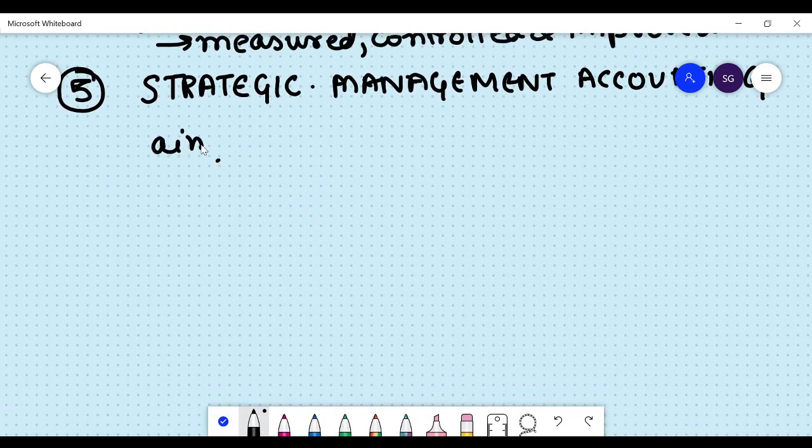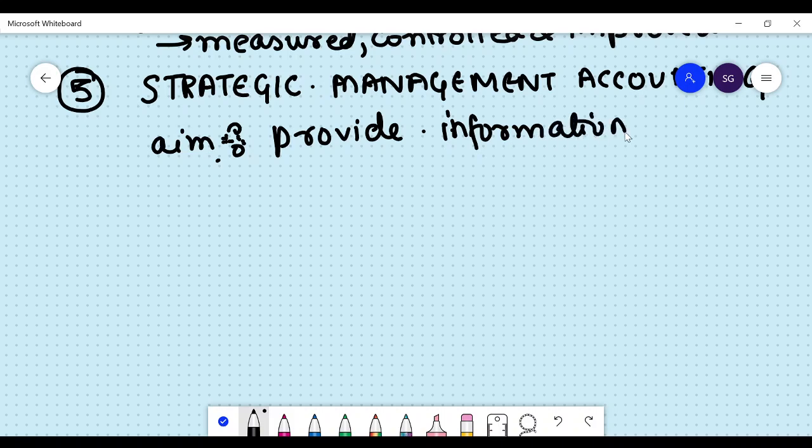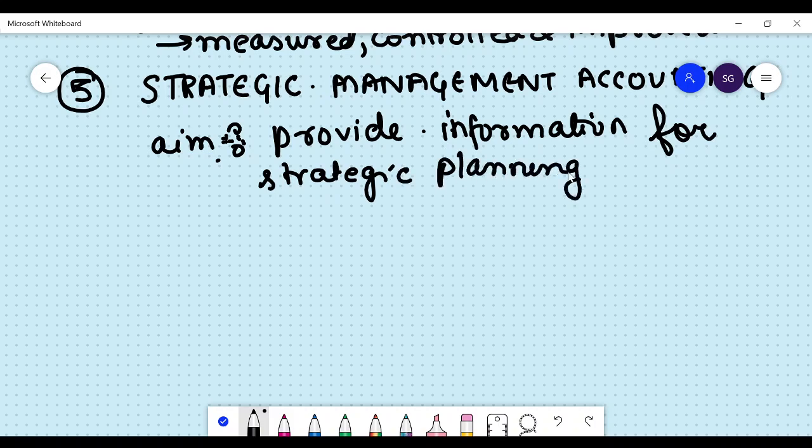The aim is to provide information for strategic planning and controlling.